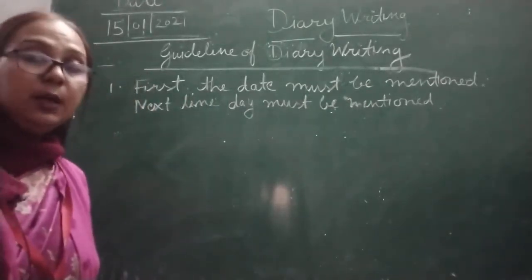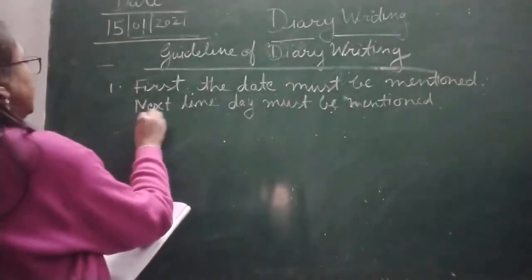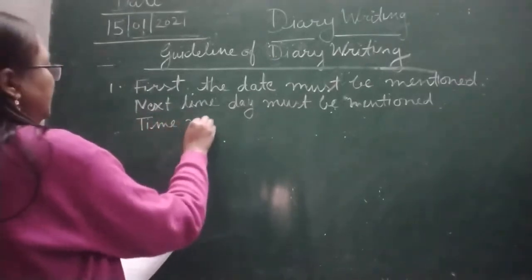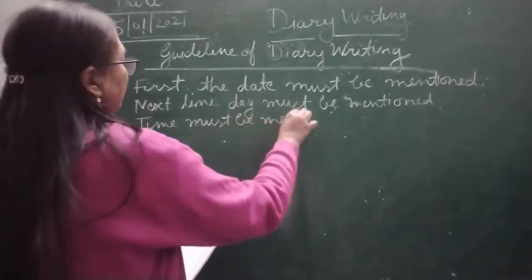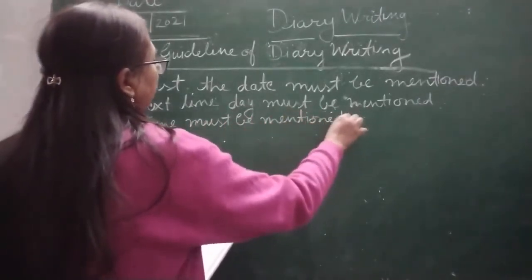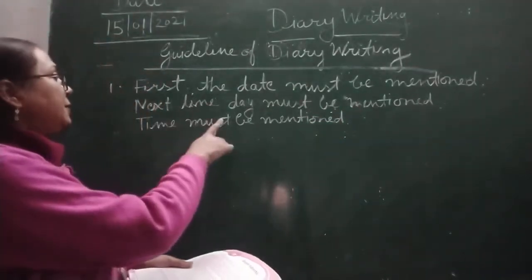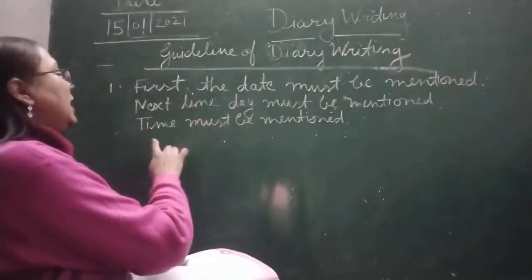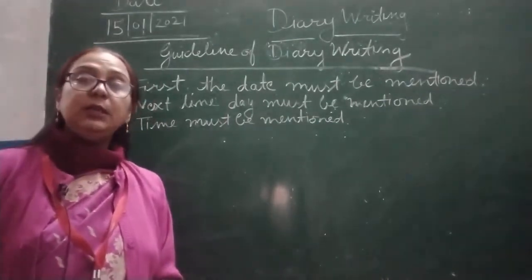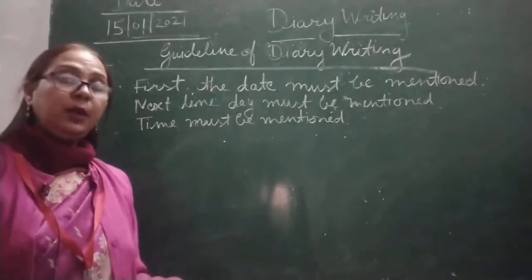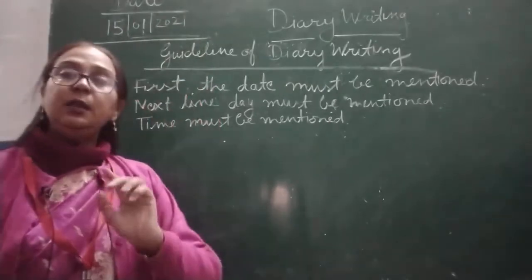Now children, third point, next line after this, time must be mentioned. It means first we will write date, second day, and on the third line we write time. So these three important things we will write at the top left corner in any diary entry.